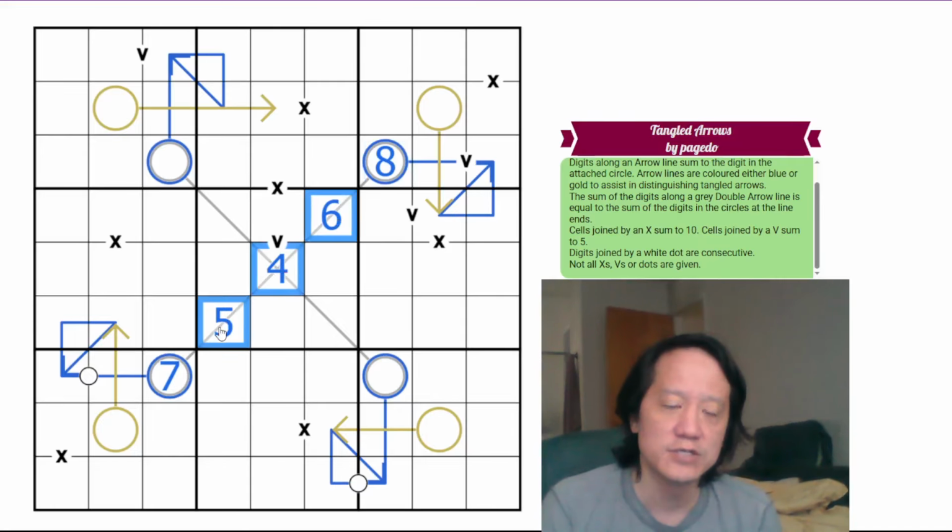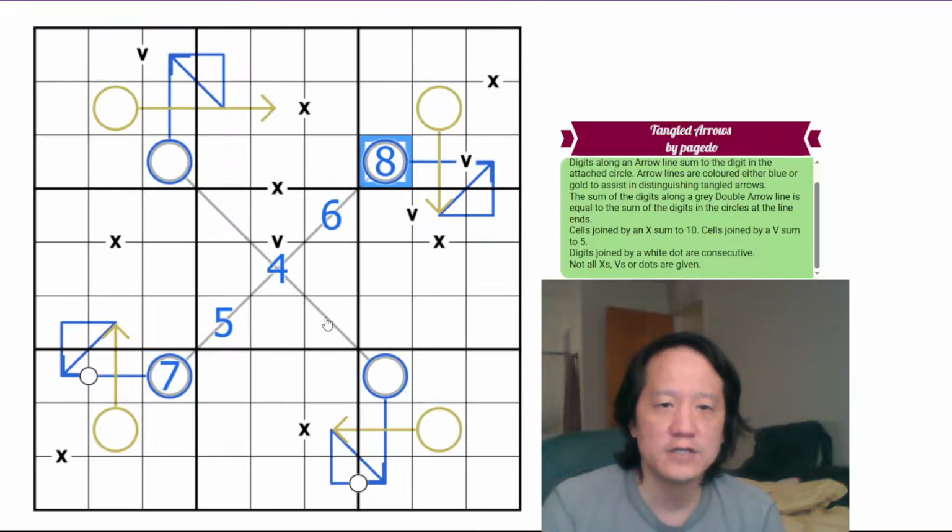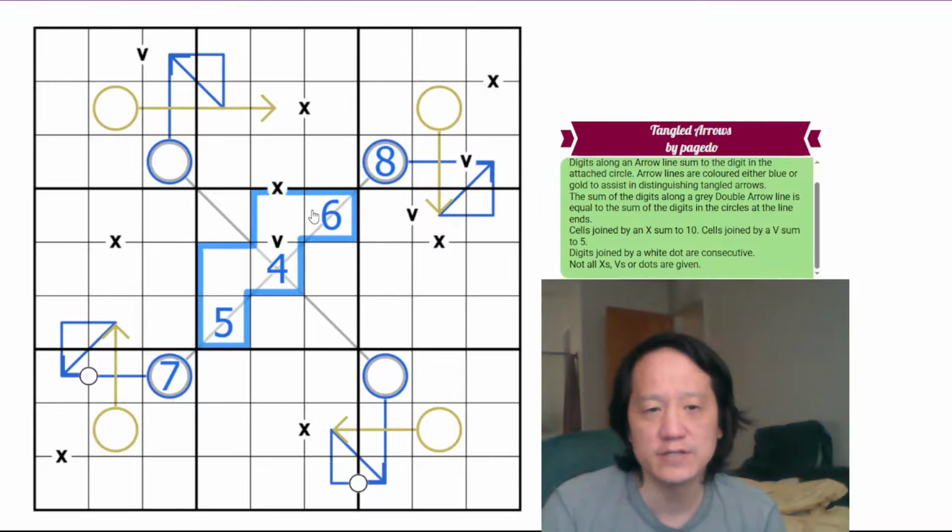Because the three digits on the double arrow line must sum to the same sum that the two end circles add up to. So this 6, 4, 5 adds up to 15, 7 and 8 add up to 15. Therefore, that satisfies the double arrow line rule set.